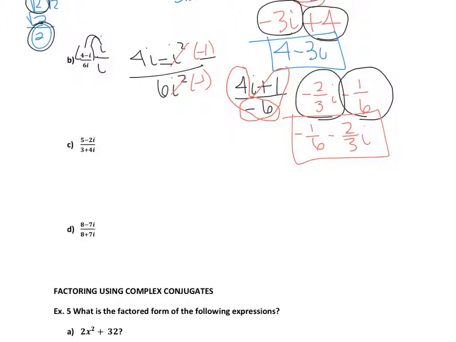But what I can do is multiply by what's called the conjugate. Conjugates are opposites of each other. So if my bottom is 3 plus 4i, then I can multiply by 3 minus 4i. What I do to the bottom, you have to do to the top.